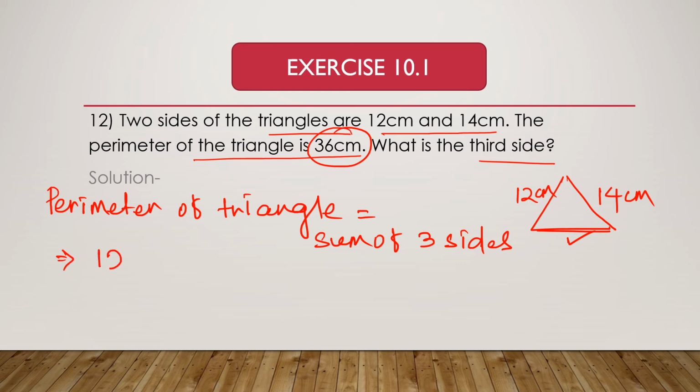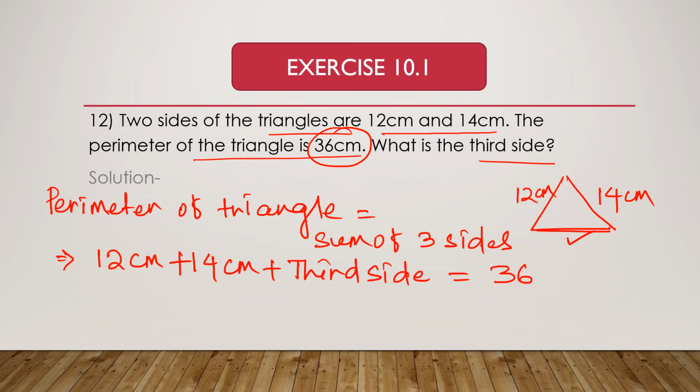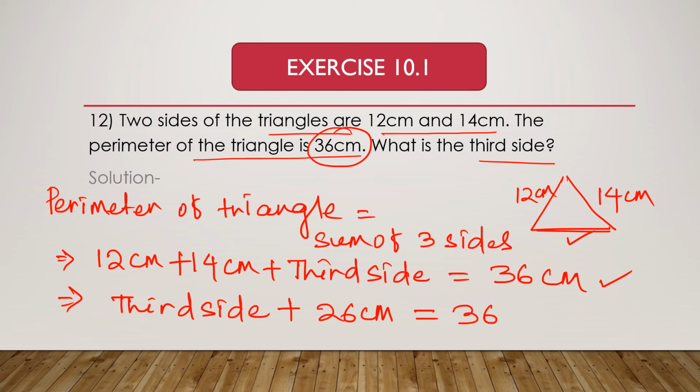So 12 centimeter plus 14 centimeter plus third side. We have to find the third side. It is 36 centimeter. Perimeter is given 36 centimeter. So third side plus this 26 centimeter equals 36 centimeter.